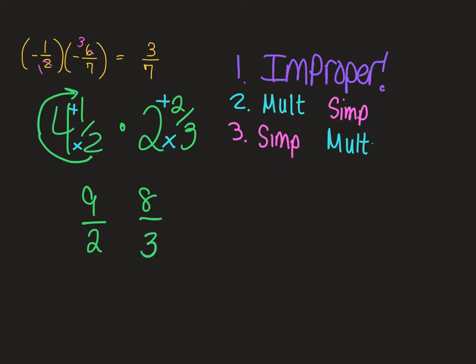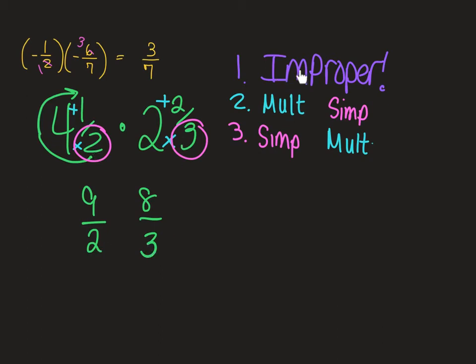And notice that I kept the denominator the same. The denominator was a 2, the denominator was a 3. They stayed 2 and 3. The denominators don't change. 4 and 1/2 is the same as 9/2. 2 and 2/3 is the same as 8/3. So halves and thirds, they don't change.